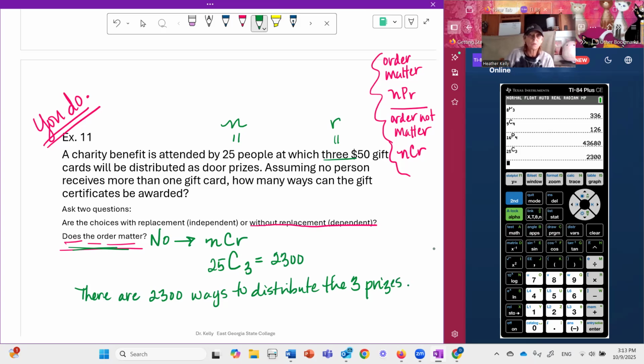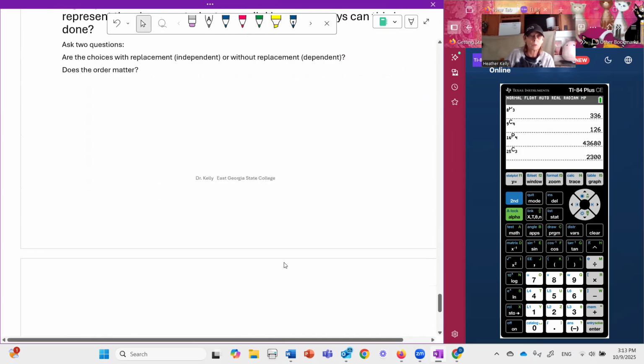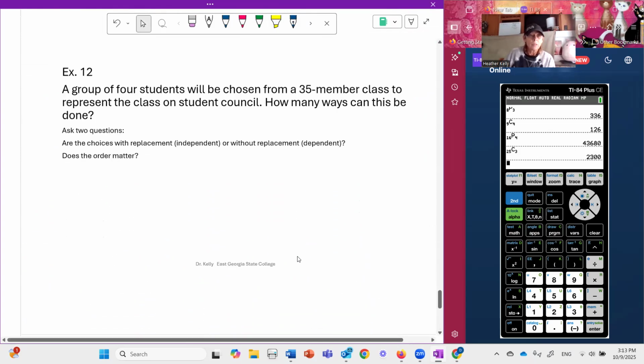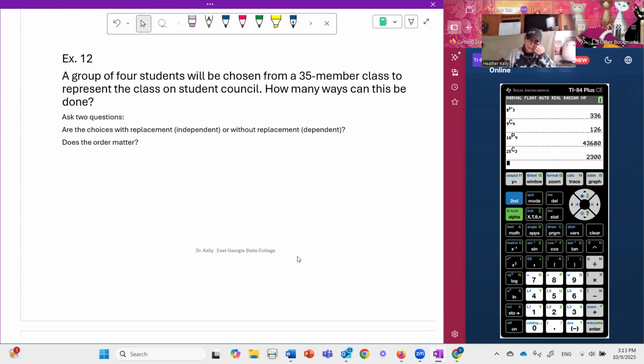Okay, awesome. All right, we have one last example to do. I believe this is it. Yep, and then I have something else to say. A group of 4 students will be chosen from a 35-member class to represent the class on student council. How many ways can this be done?